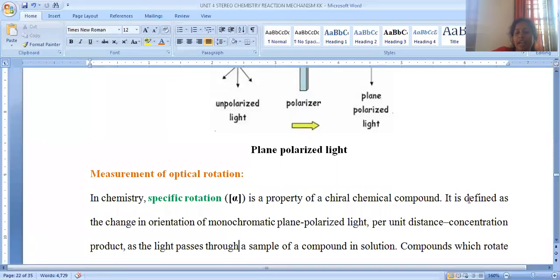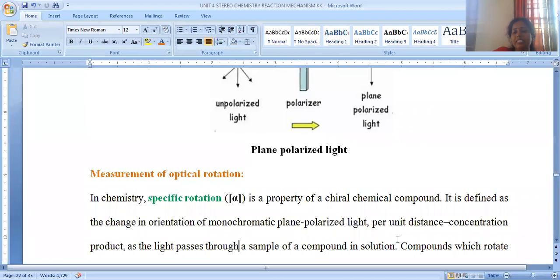It is defined as the rotation of monochromatic plane polarized light per unit distance and concentration product as the light passes through a sample of the compound in solution. So how can we define the specific rotation? Take a unit concentration, either 1 molar or 1 normal solution, in a container, and pass monochromatic light through it.